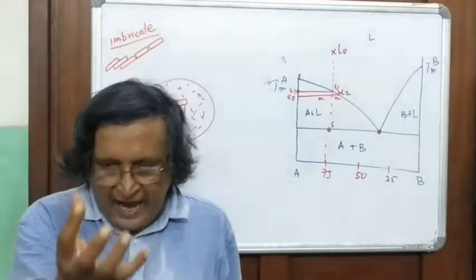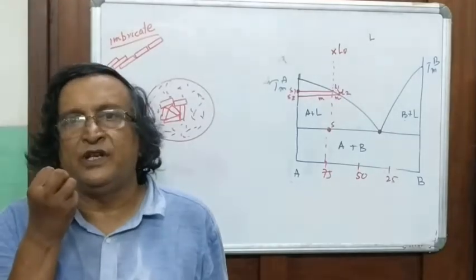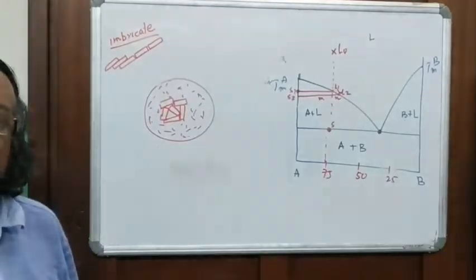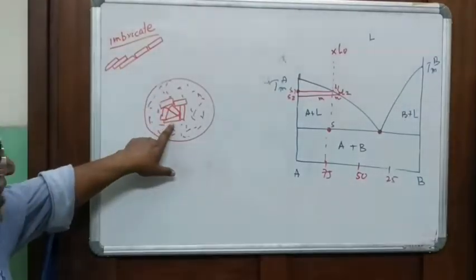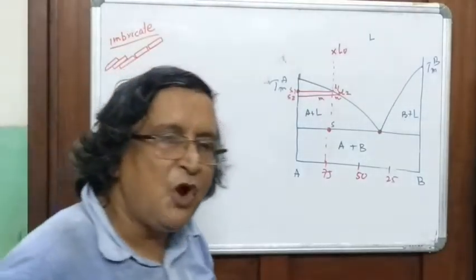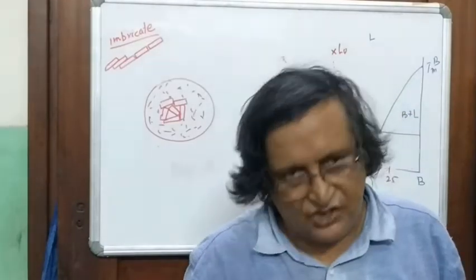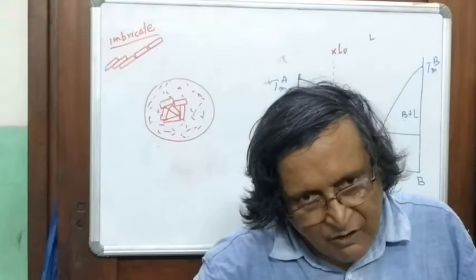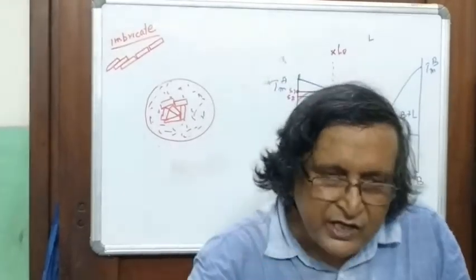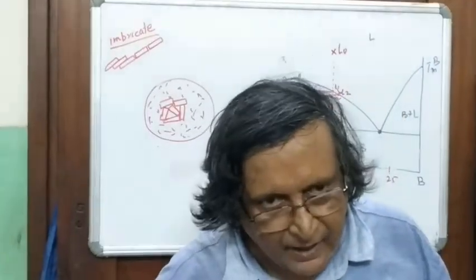The phenocrysts are not aligned, they are randomly distributed. This means that the magma was not under any stress to flow. The magma was not flowing, or it was a static magma.